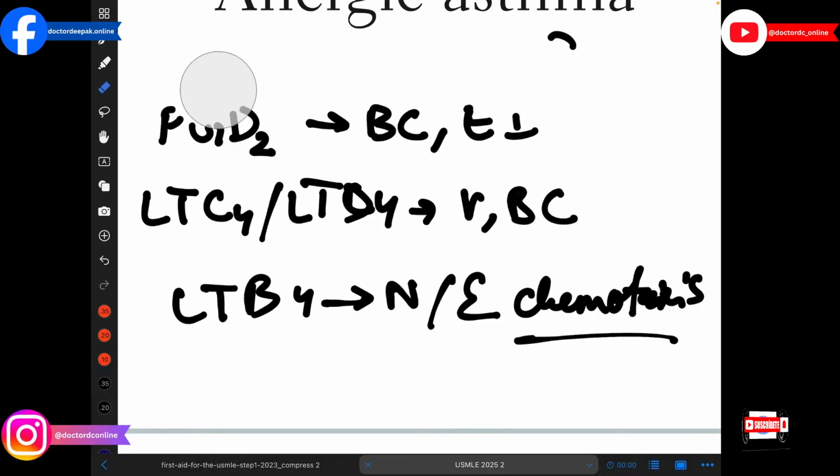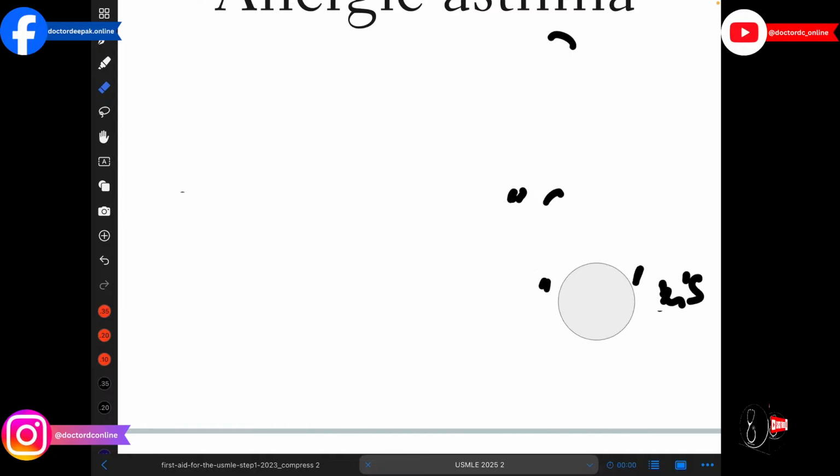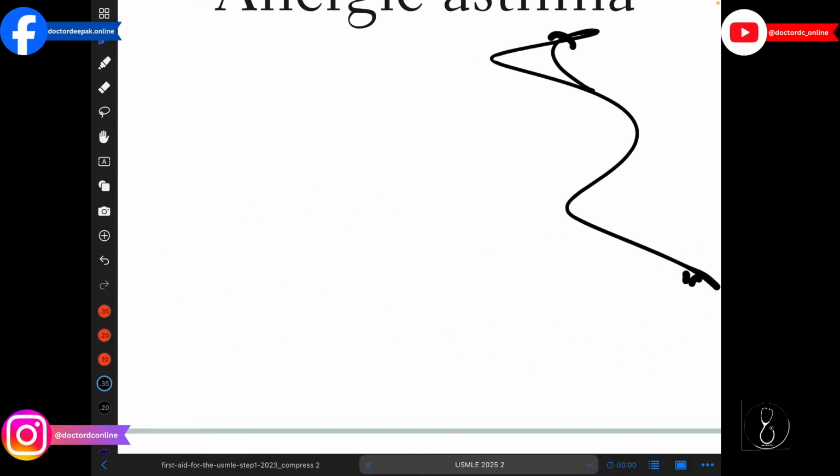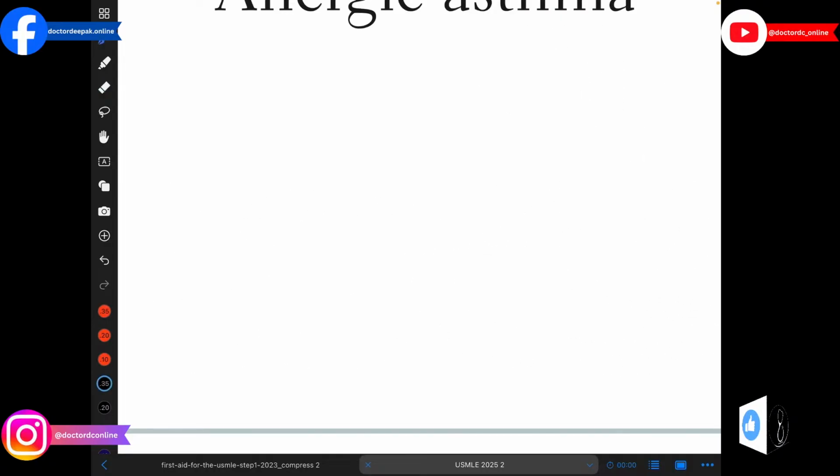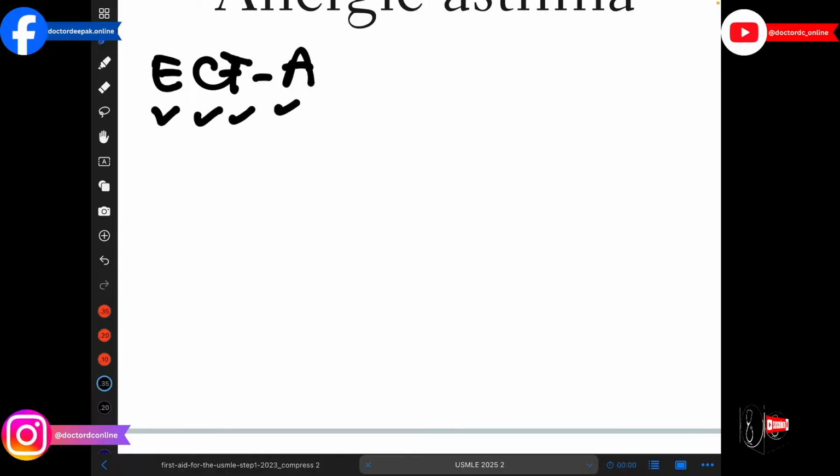We also have other mediators. Other mediators are ECF-A, eosinophil chemotactic factor of anaphylaxis. It is preformed in mast cells and attracts eosinophils.